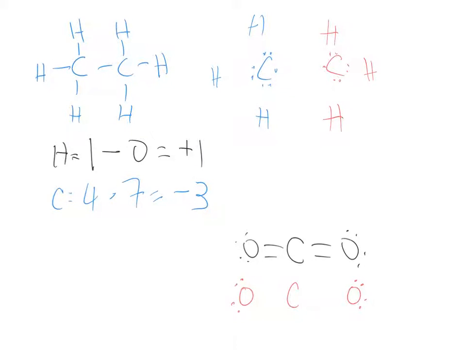But now if we look here at the carbon, which is more electronegative, the oxygen or the carbon? The oxygen. So that means this oxygen right here gets all 4 of these electrons. And same thing on this other side.